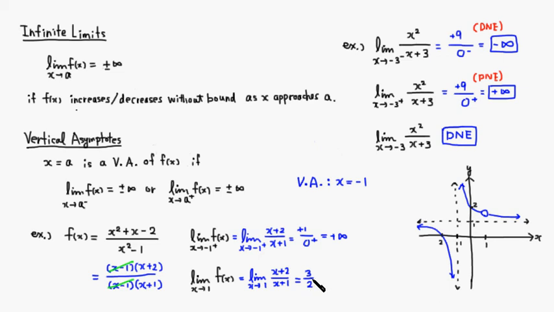So it goes to 3/2, which is not equal to positive or negative infinity. That means x equals 1 is not a vertical asymptote. Therefore, the only vertical asymptote this function has is x equals negative 1.